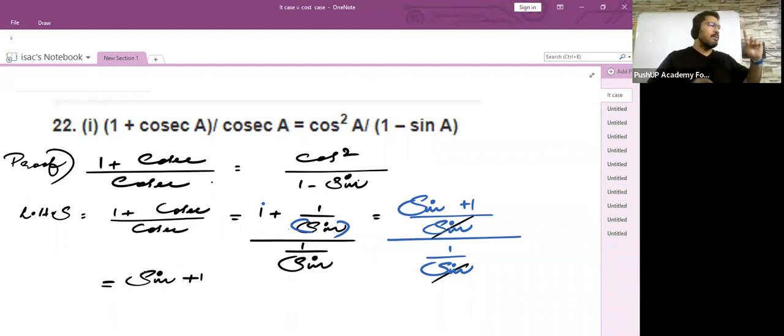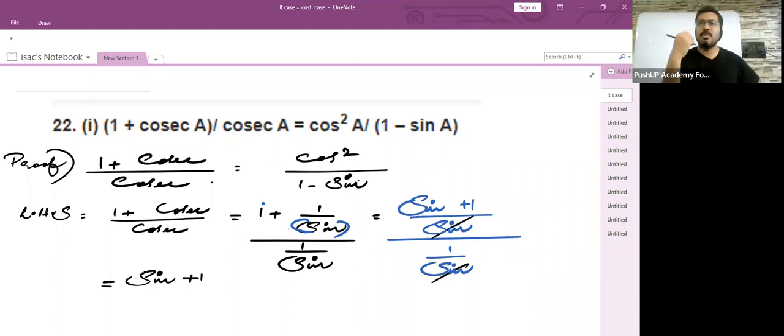You remember while teaching you the concepts of trigonometric identities, I had told you there are 3 different ways in which you can prove a given identity. The first one is you take the LHS, prove it to the RHS. Second one is you take the RHS, prove it to the LHS. But there are certain identities which cannot be proved from LHS to RHS or vice versa.